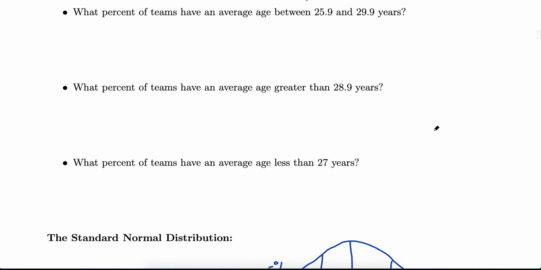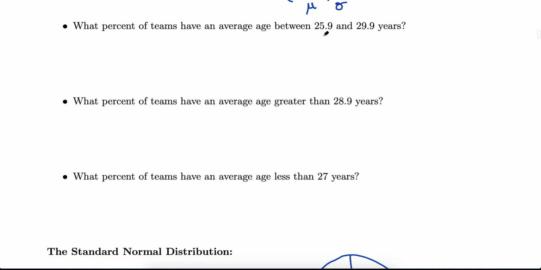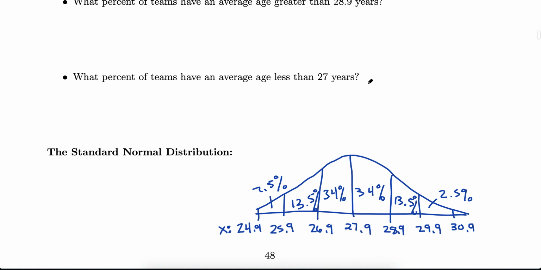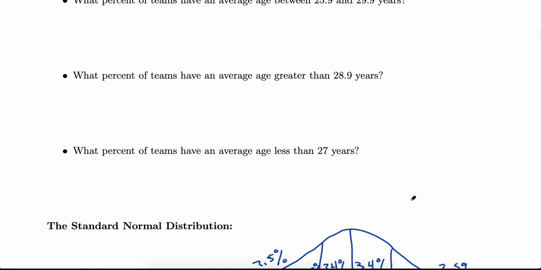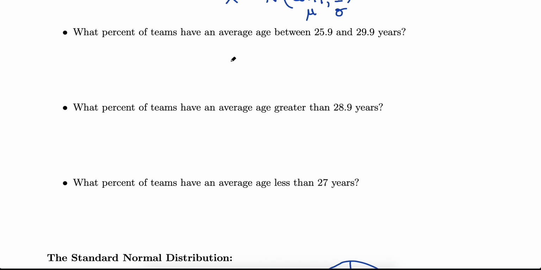So for example, the first one, what percent have an average age between 25.9 and 29.9? So here's 25.9 and 29.9. So that's 2 standard deviations on either side of the mean. If you add all those up, or if you just remember, that's 95%.